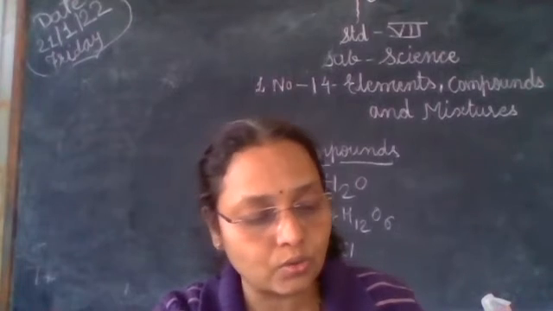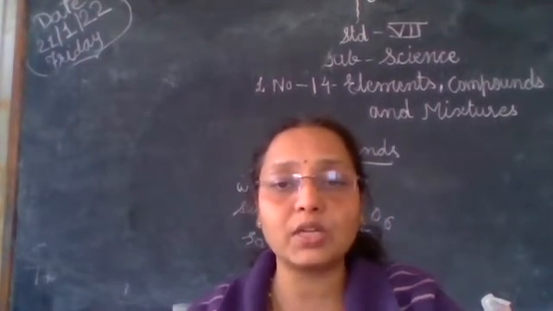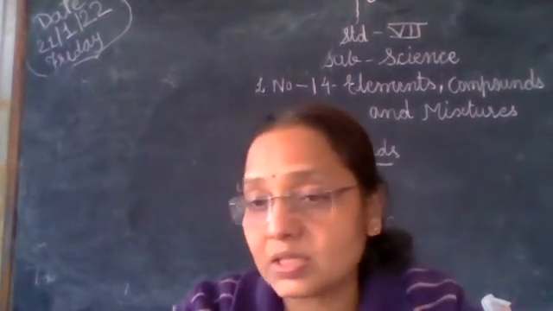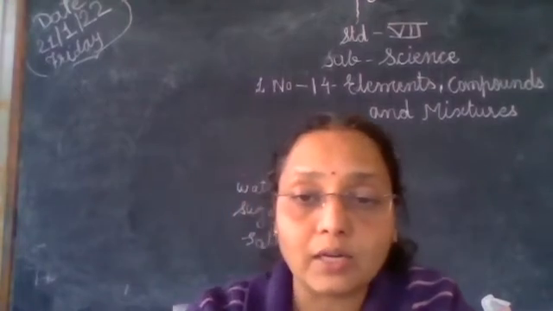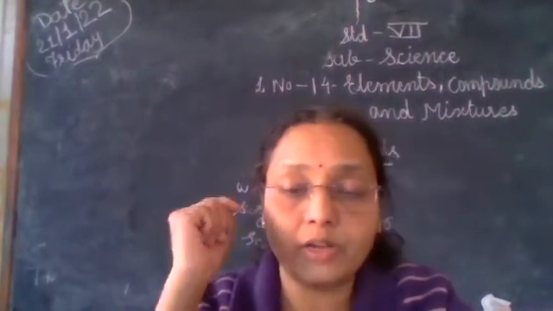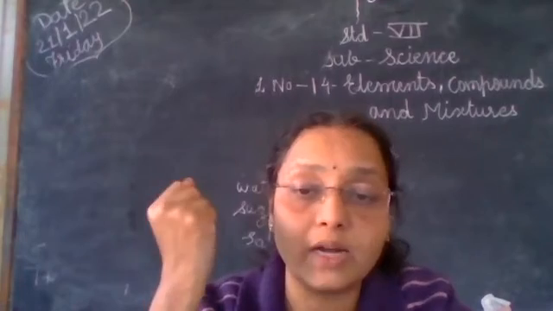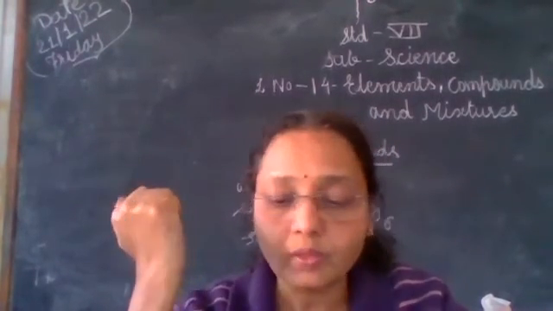Okay, children. So this is about elements, compounds, and mixtures. We learned the basic differences: elements consist of only one kind of atom, whereas compounds consist of two or more different elements chemically bound together in a fixed ratio.